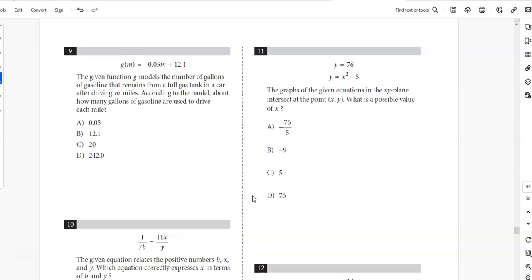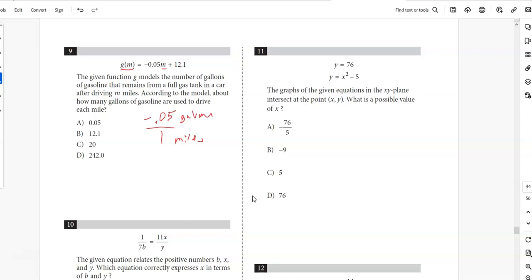Think of G as the number of gallons, and this is the number of miles. And so the slope here is, according to the model, about how many gallons of gasoline are used to drive each mile. You might think of the slope as negative 0.05 divided by 1, where 1 is the number of miles and this is the number of gallons.